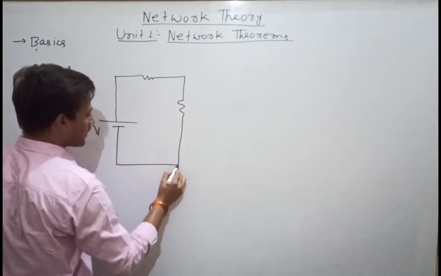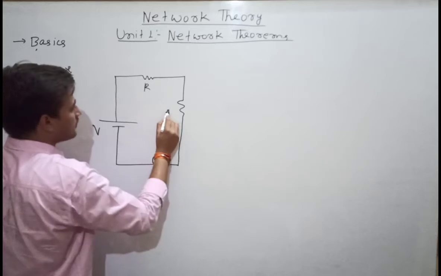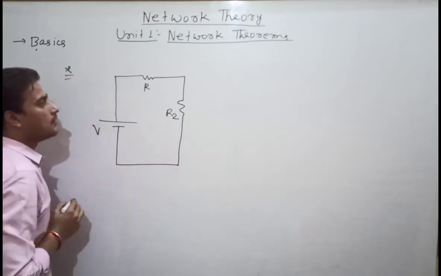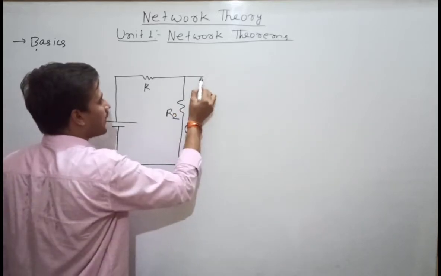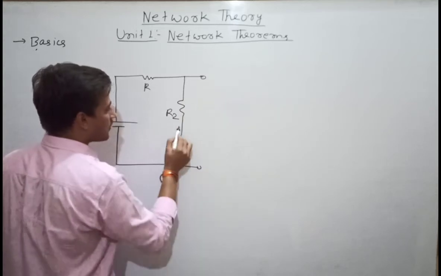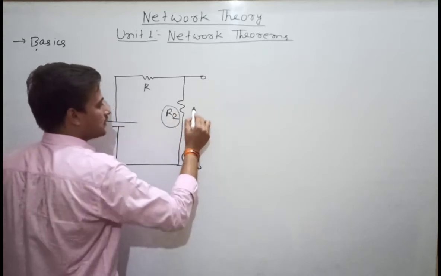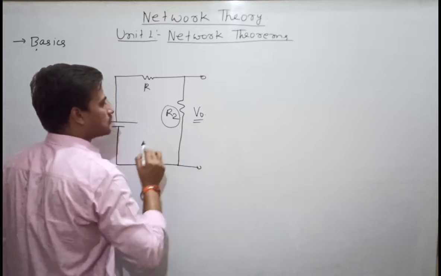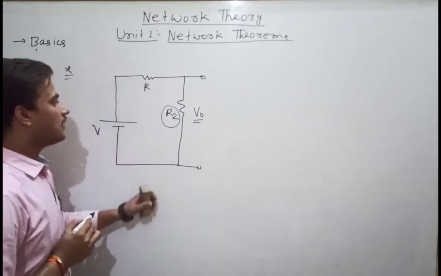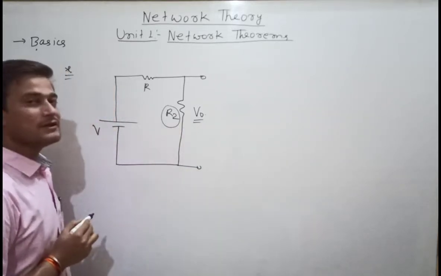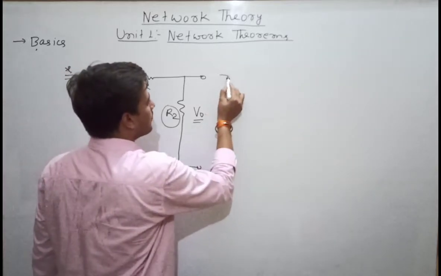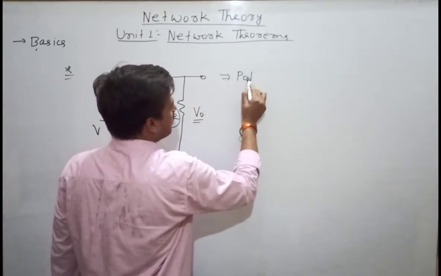So two resistors are connected in series with this voltage source. Now somebody is asking you to find the value of voltage across R2. Suppose this voltage is V0. So what will be the value of V0? You will have to apply the potential divider rule.